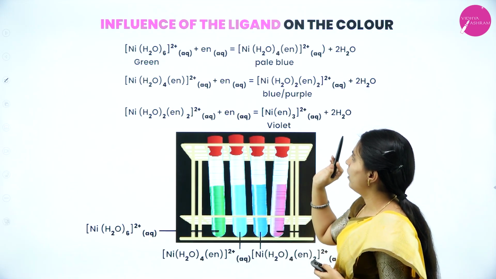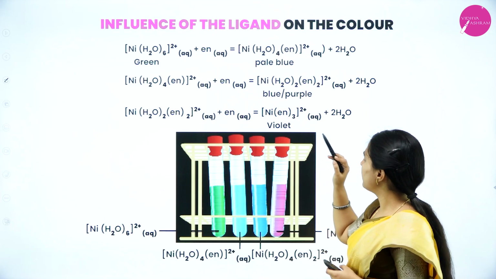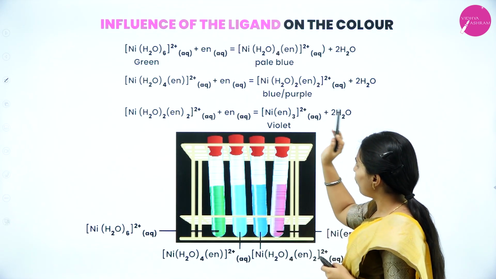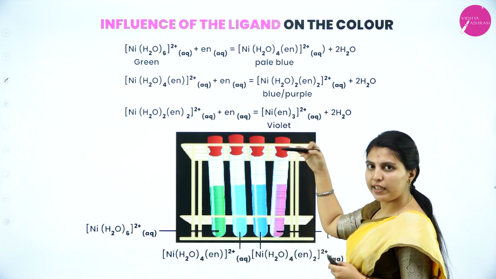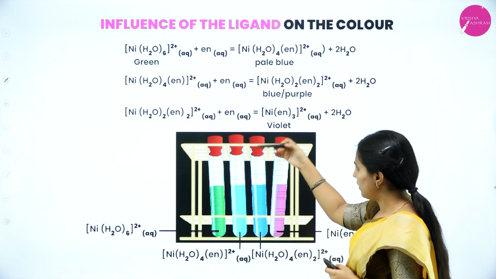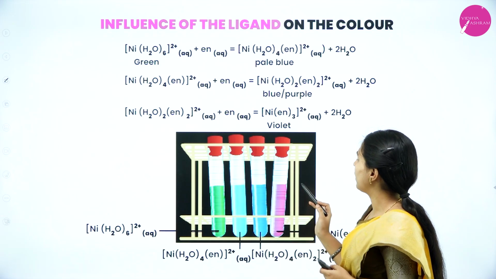See here, first it will be green. When ethane-1,2-diamine is added, pale blue will be formed. As the diamine keeps being added progressively, blue or purple will form. Next, with still more progressive addition, it will form violet color.